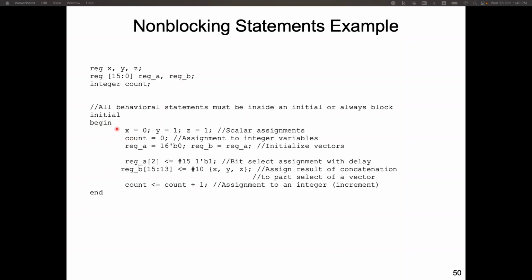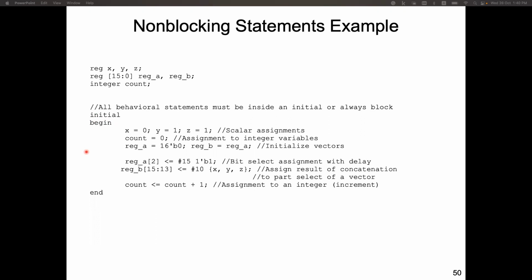So in this, non-blocking assignment allows scheduling of assignments without blocking execution of the statements after it. But the scheduling is in a sequential manner. Initial and always are sequential blocks.